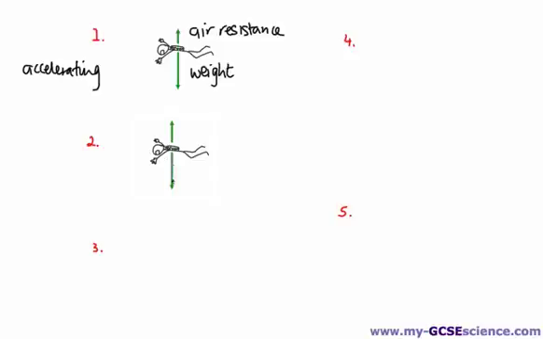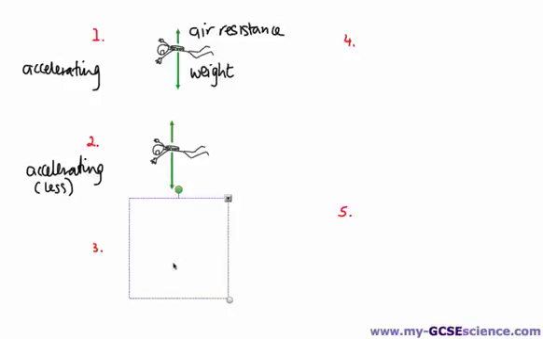The weight, in fact, stays the same, but it's the upward force, the air resistance, that changes. It becomes larger because the person is moving faster. So we've got a slightly larger arrow here showing a larger upwards force, but weight is still larger, so the person is still accelerating, but they're accelerating a little bit less. So they are getting faster, but not as much as they were previously.